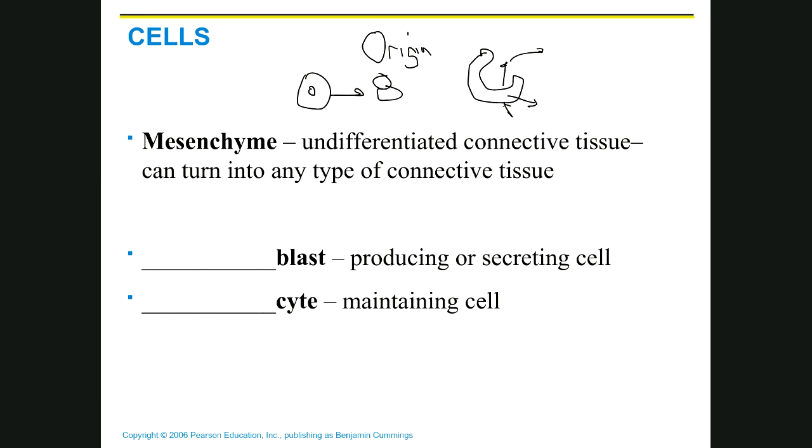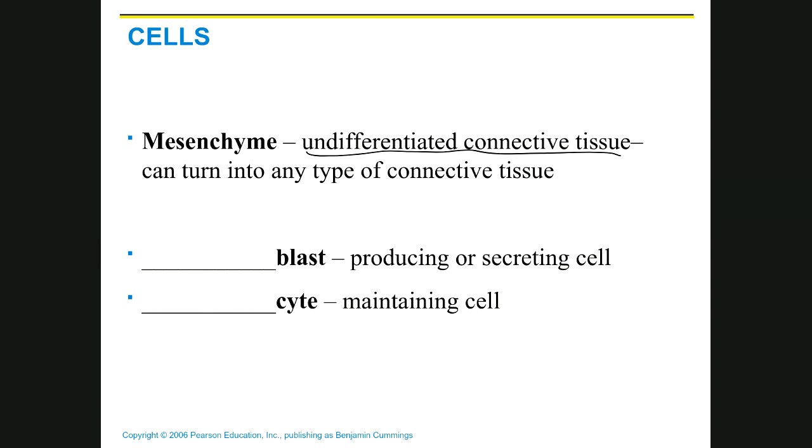There's a cell or a tissue called mesenchyme, and mesenchyme is what's called undifferentiated connective tissue. What undifferentiated means is it kind of has not decided what it wants to be when it grows up. And so it has a lot of pathways it could take.